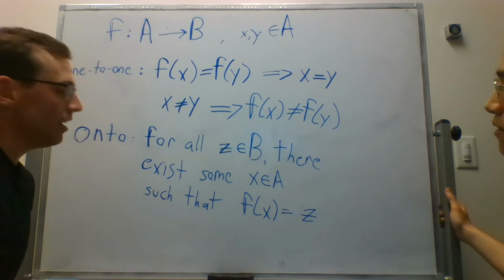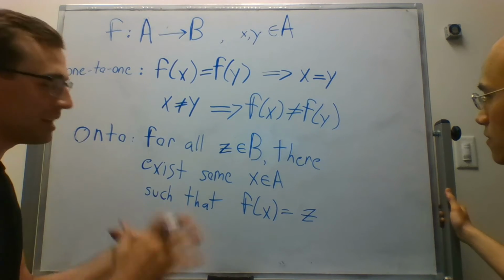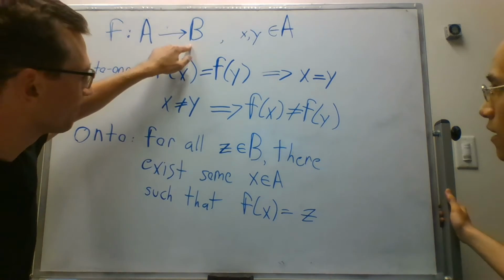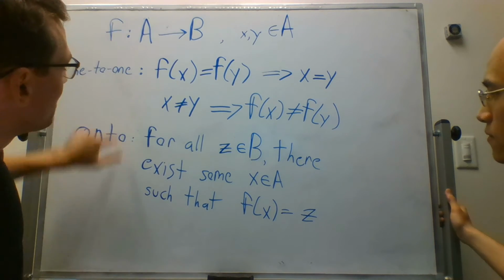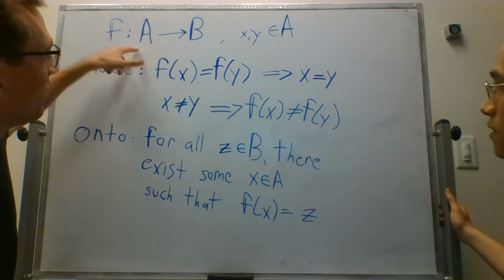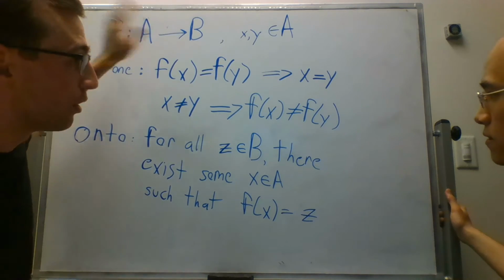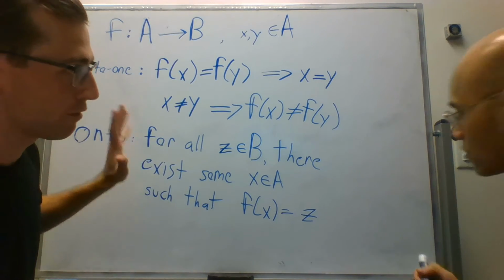Okay. So this is more talking about, we've got the image, the set B, with a lot of elements in it, and for this function to be onto, there must be some element in A that you can put into the function and get that element of B, for every single element.